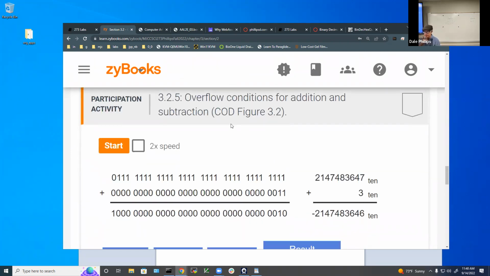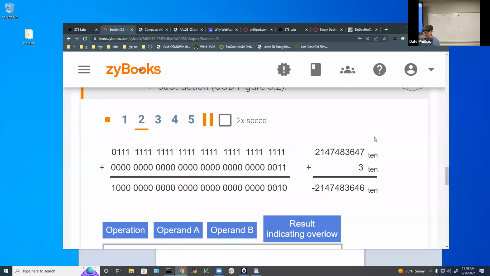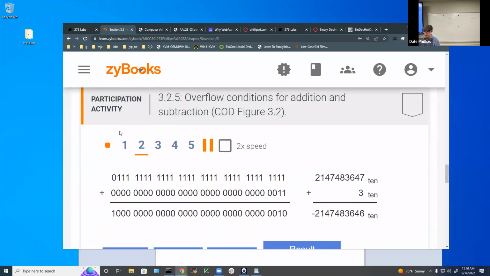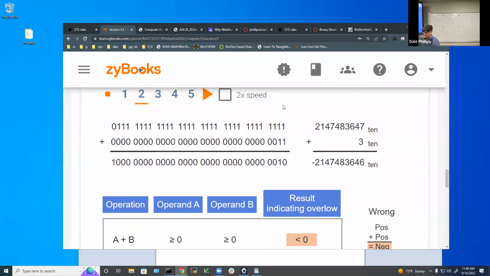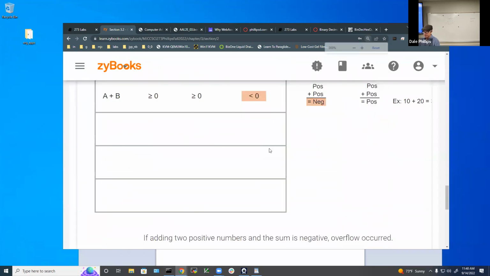All right. Now, overflow conditions for addition and subtraction. This is also part of the binary problem. What happens when you run out of registers?